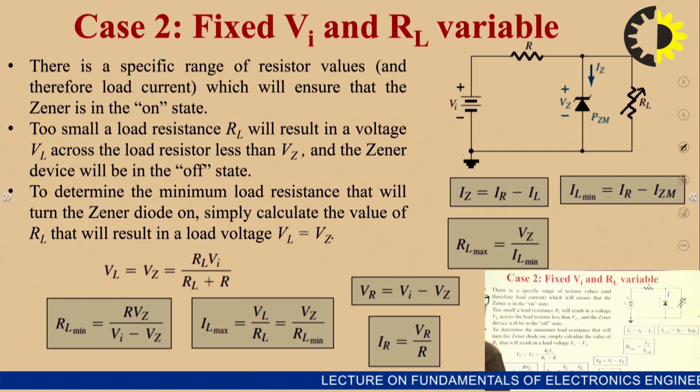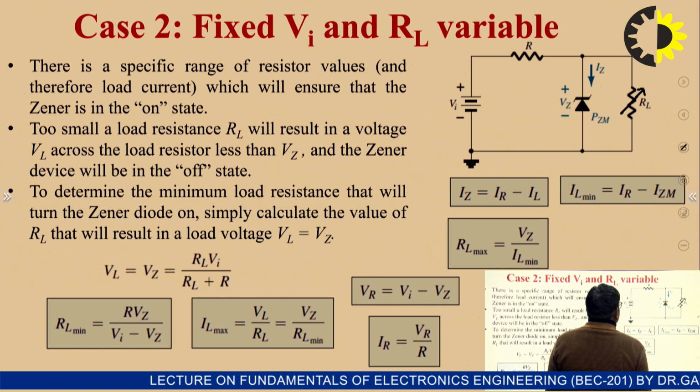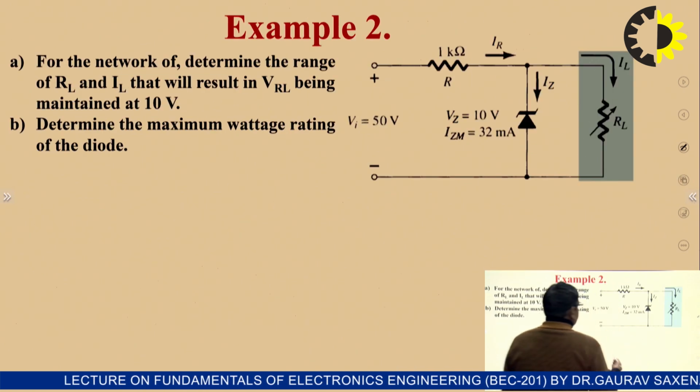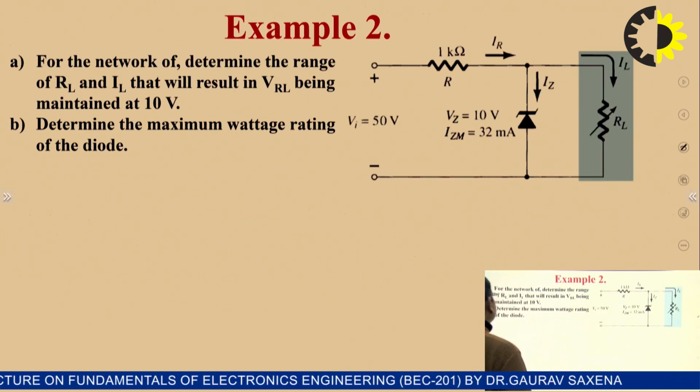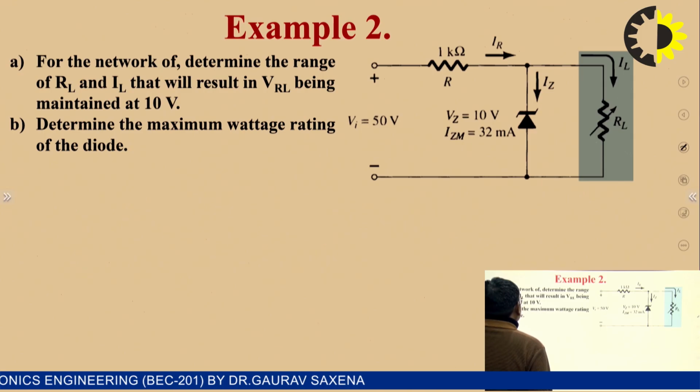In this case, the load is varied and the input is fixed, so this example applies here. For the network, determine the range of RL and IL that will result in VRL being maintained at 10 volt. Also determine the maximum wattage rating of the diode.